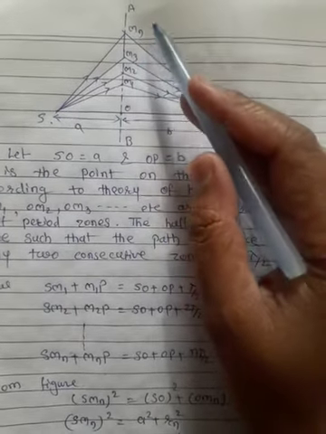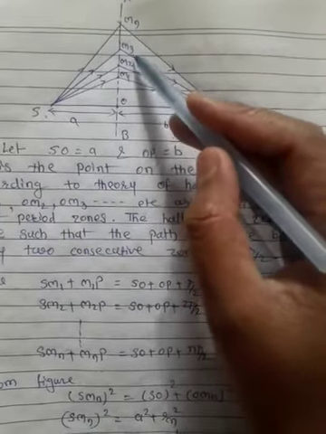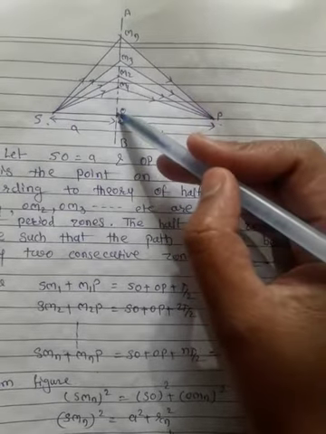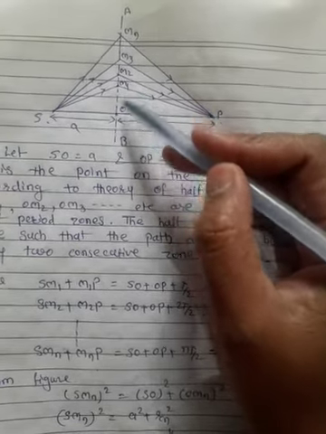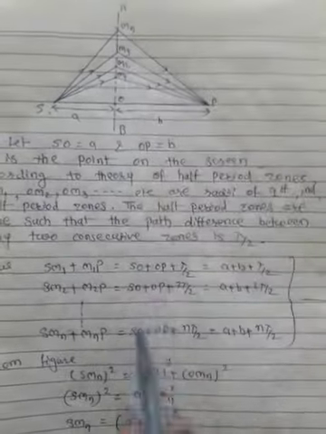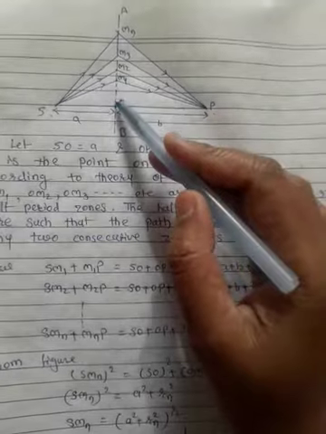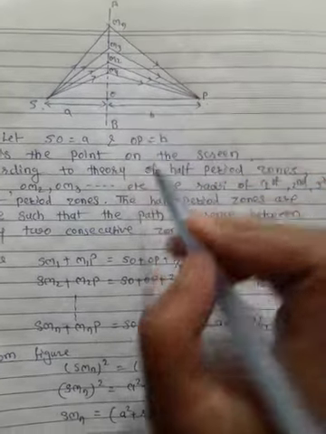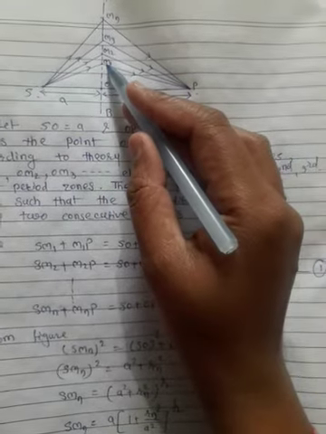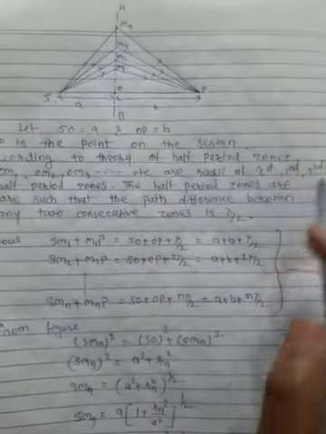M1, M2, M3, Mn are considered as the half-period zones. We consider OM1, OM2, OM3, OMn as the radii of these zones, denoted R1, R2, R3 and so on.